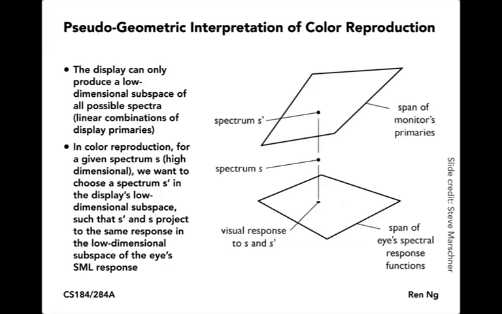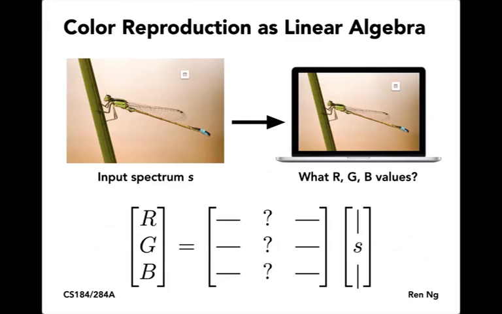So the visual response to both S and S prime, being the thing we're going to put on the display, we want both S and S prime to have the same output. Okay. Hopefully that pseudo-geometric interpretation helps a little bit in visualizing infinite space projected into these 3D subspaces.